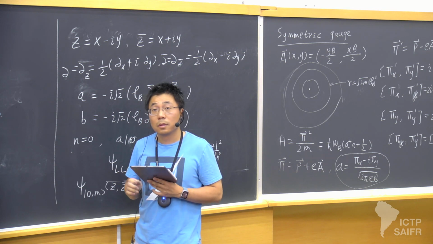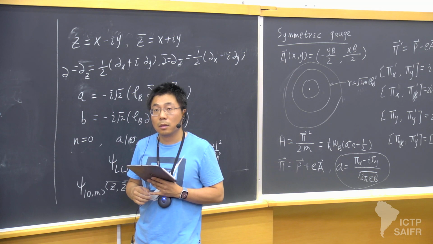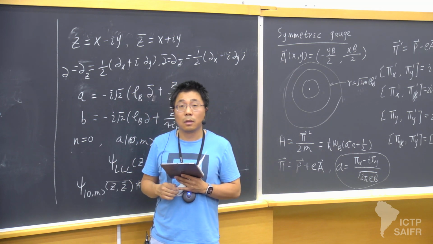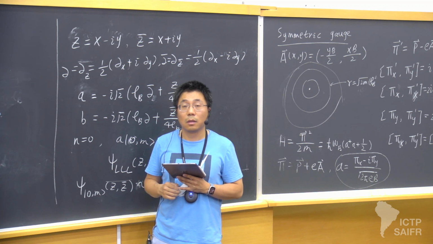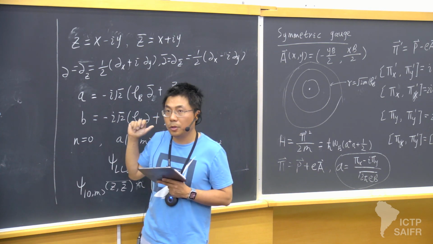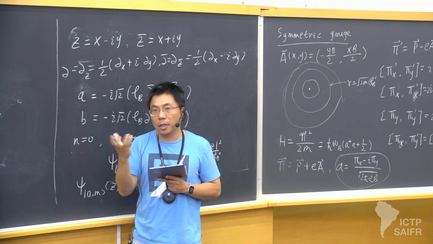So this angular momentum is specific for this gauge, because we construct the pi. Can we interpret this as the angular momentum, or is it just some value dependent on the gauge? After we choose this symmetric gauge, the system is rotation invariant.